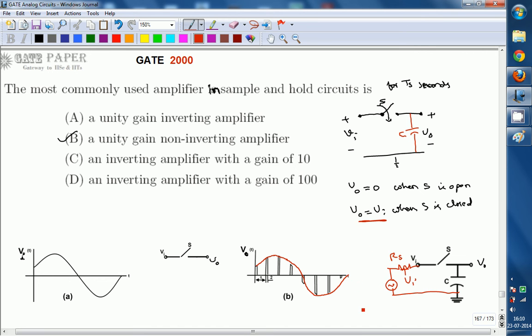By that time V0 can be written as V0 = (1/Sc) / (R + Rs + 1/Sc) into Vi. Now the output of this sample and hold circuit is less than the input signal. That implies that the input signal source resistance is loading the circuit.